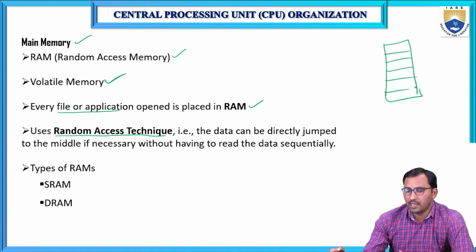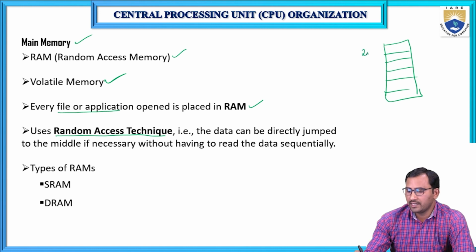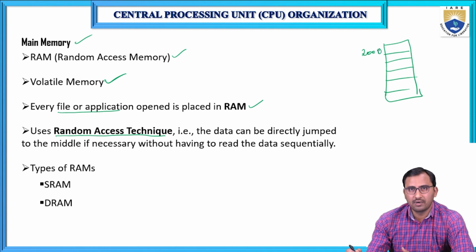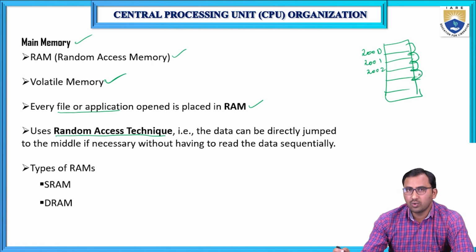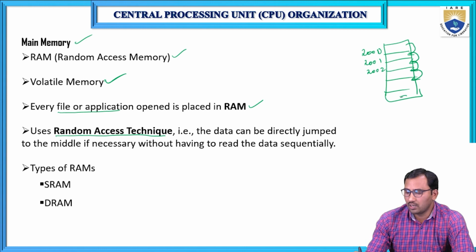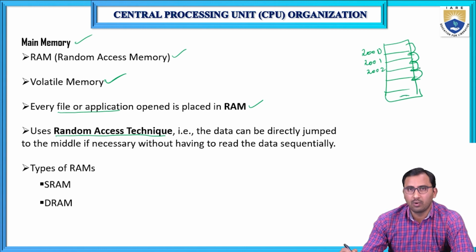In a sequential approach, we start from the starting address, say 2000, then the next address 2001, 2002. That means it happens sequentially, one after another. In order to reach a particular memory location, we have to go through all the sequential memory locations. That is sequential access.